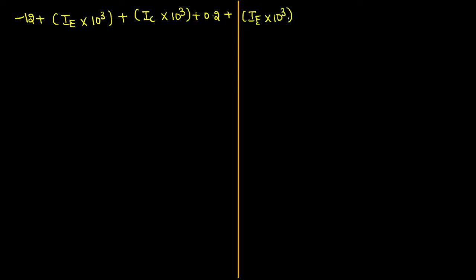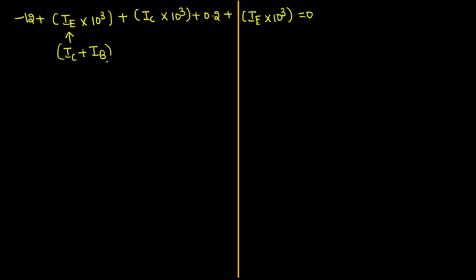If you apply KVL, start from minus 12 voltage plus, once again emitter current IE into 1 kilo ohm, that is 1 into 10 power 3, plus collector current IC into 1 into 10 power 3, plus collector to emitter voltage 0.2 voltage, that is already given, plus again emitter current IE into 10 power 3, equal to 0.